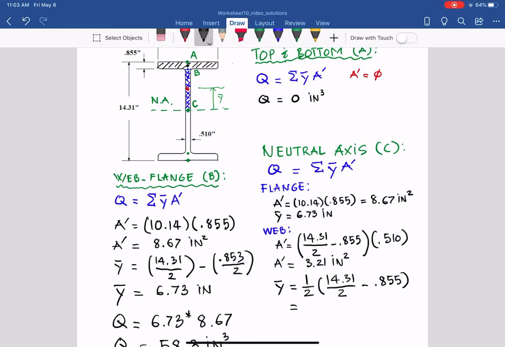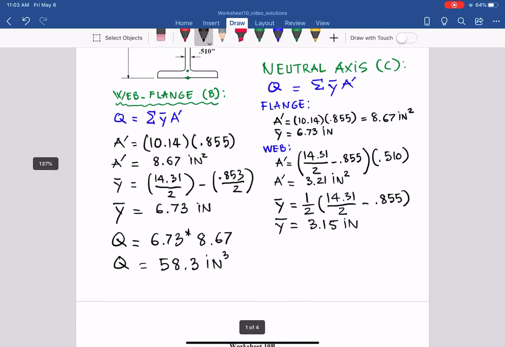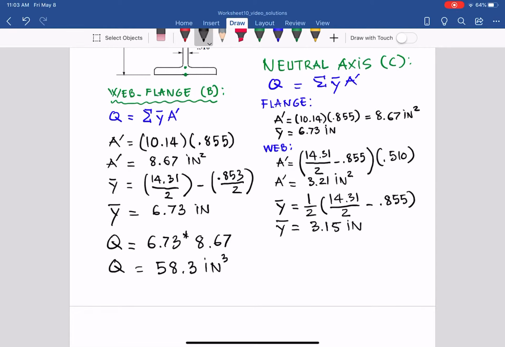And that y bar equals 3.15 inch. So from that we have A apostrophe and y bar for each flange and web.